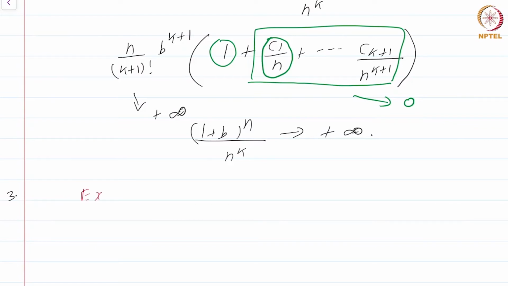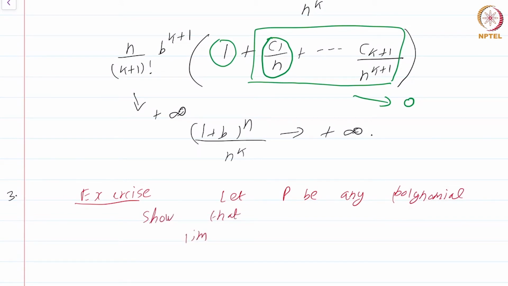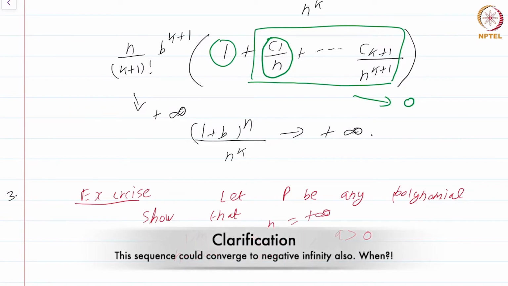Exercise. Let p be any polynomial. Show that the limit as n goes to infinity of a power n by p of n, a greater than 1, is plus infinity as usual.